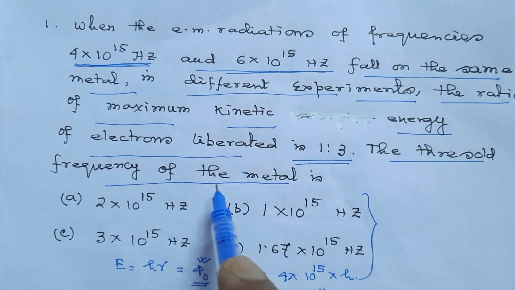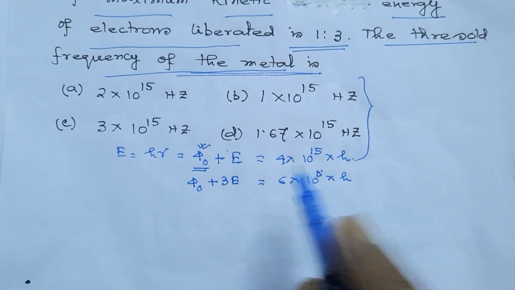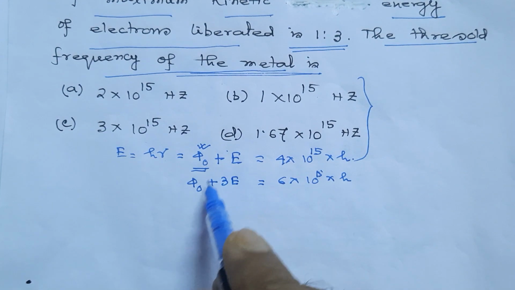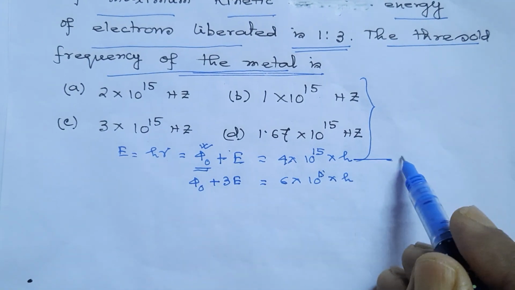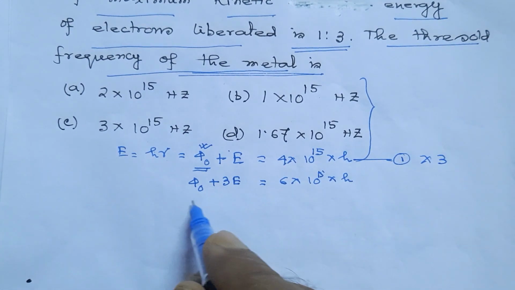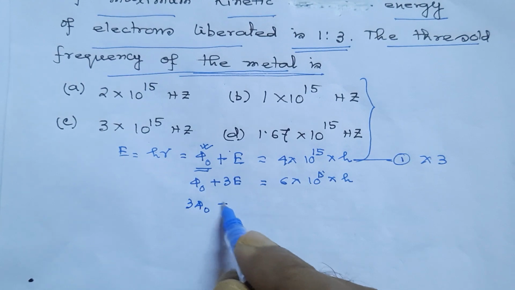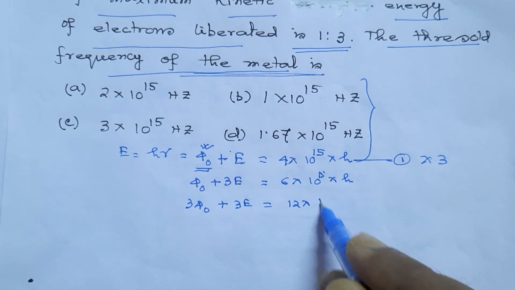We are to calculate the threshold frequency of the metal. In order to do that, we should multiply equation 1 by 3, which will give us 3 phi 0 plus 3E equals 12 into 10 to the power 15 h.